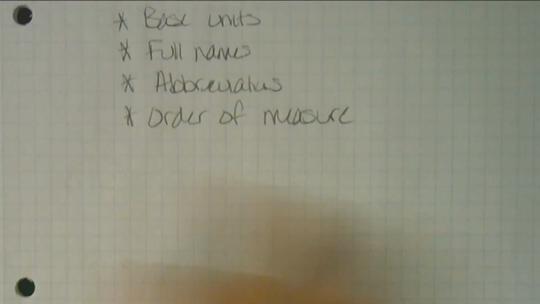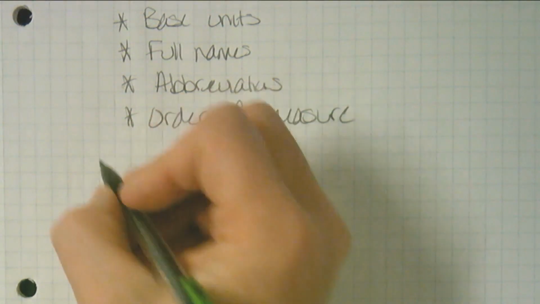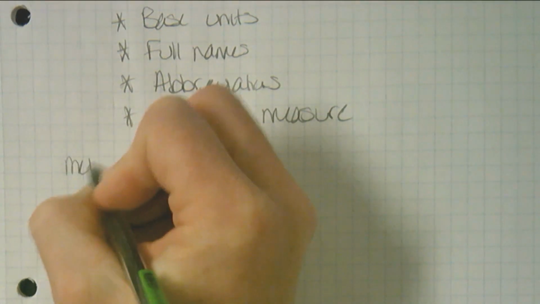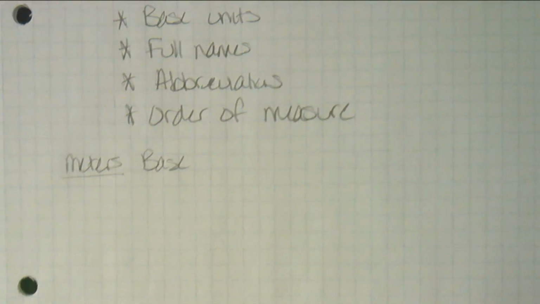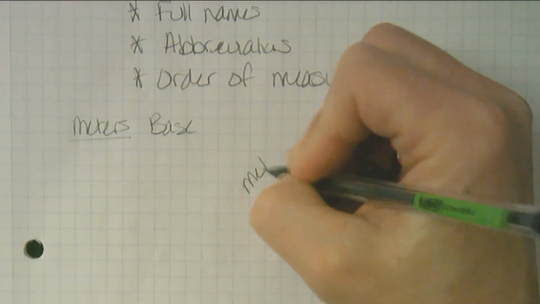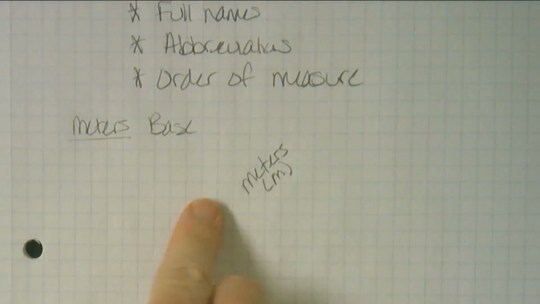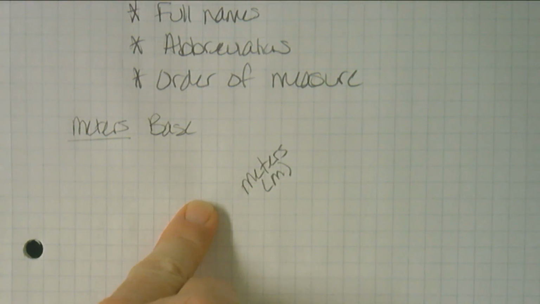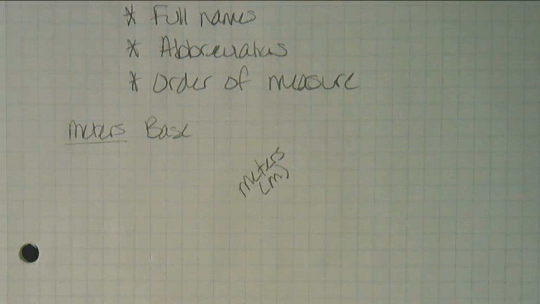So I'm going to use meters right now as my base unit. And I'm going to quickly write down my diagram. So if I have meters, that goes right in the middle. What's one smaller than a meter? Pierre?